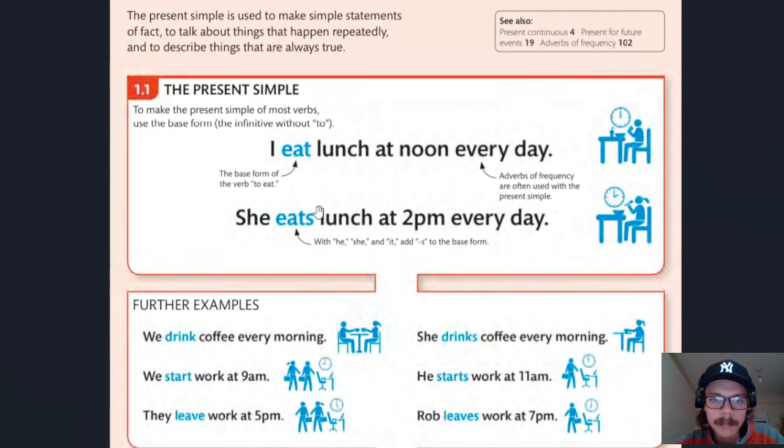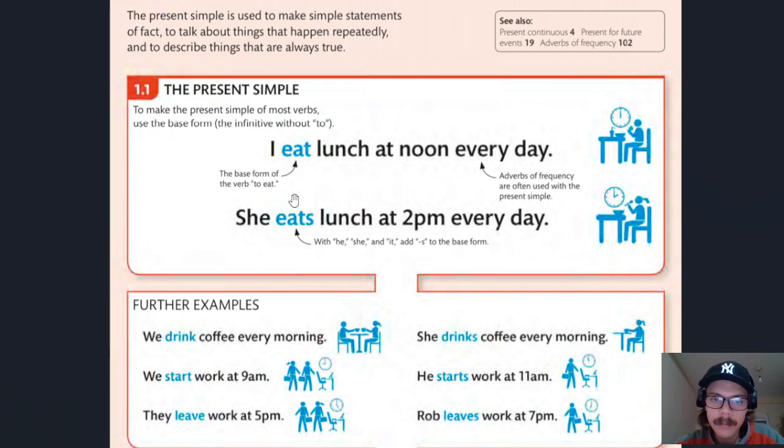So for the present simple, you're going to have 2 different scenarios. You're going to have the base verb without really needing to change anything. And you're going to have the base verb where you have to add the letter S. The way that you determine if you need to add the letter S depends on the subject of the sentence.